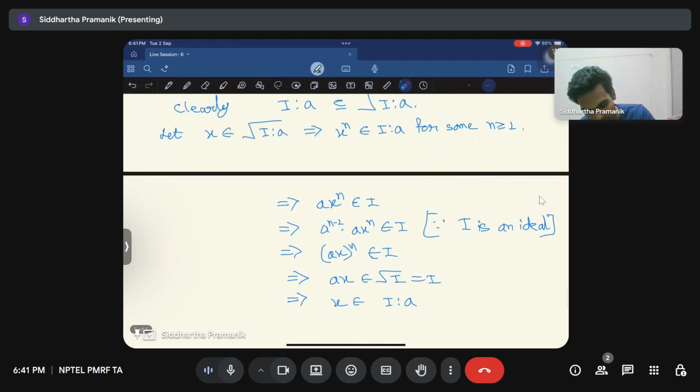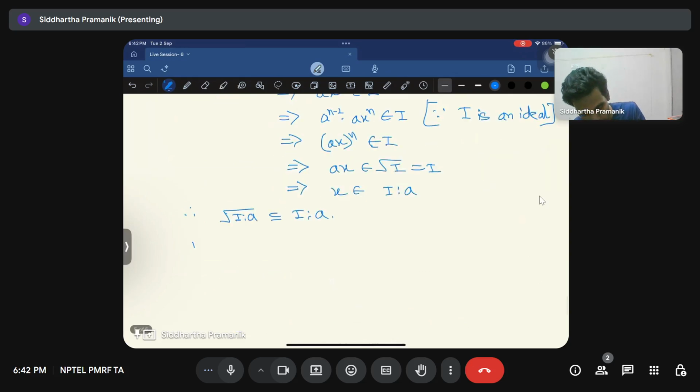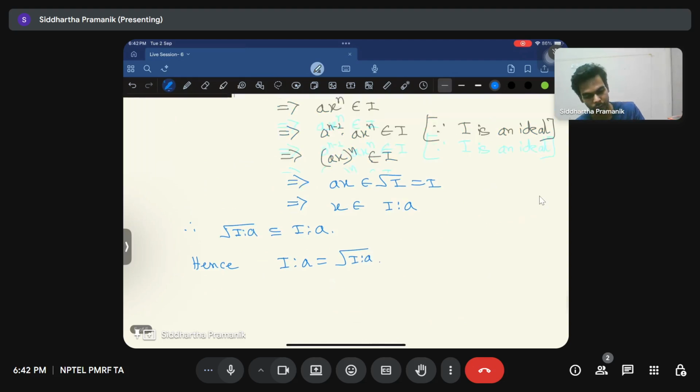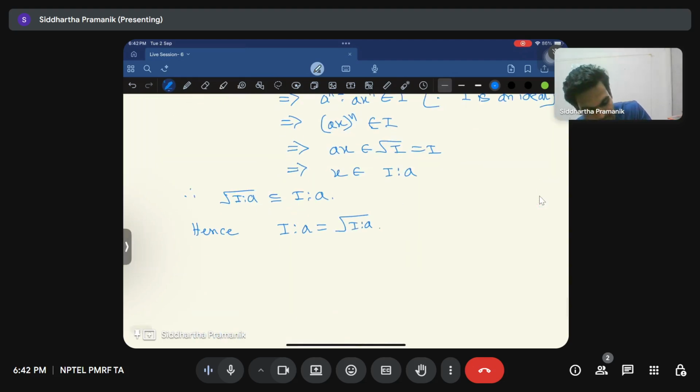So we started with an element x of the radical of I colon a, and we end up with x belonging to I colon a. So this implies the radical of I colon a is a subset of I colon a, and this implies I colon a is itself a radical ideal. So this completes the proof for problem number 3.